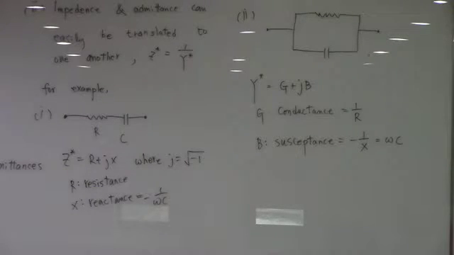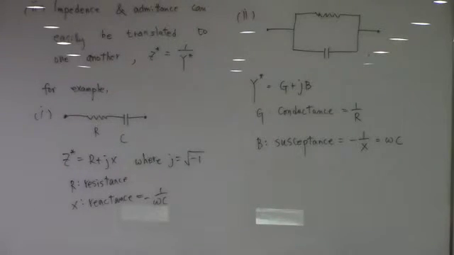Now, we know this admittance is the reciprocal of impedance, which is R plus JX, so R minus JX over R square plus X square.